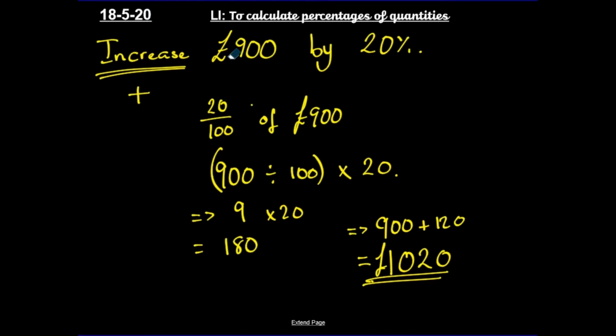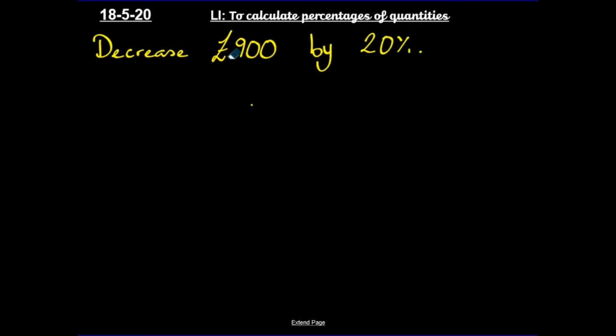And when it's an increase, what you're effectively doing here is you're doing 120 over 100. So it's going to get bigger, because you're increasing it. And if I look at the alternative of this one, to decrease, well, if increase means to go up, decrease is going to be going down, so it is take away. Again, I've already worked out that 20% of 900 was £180.